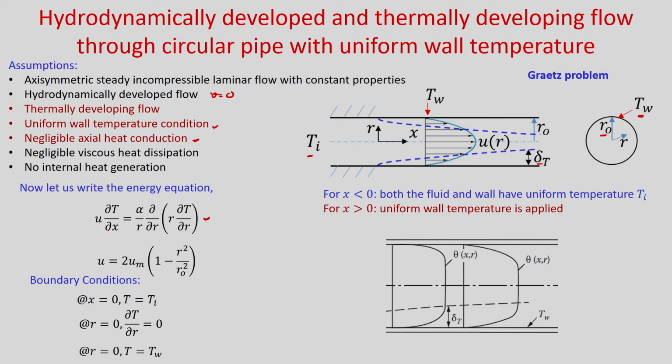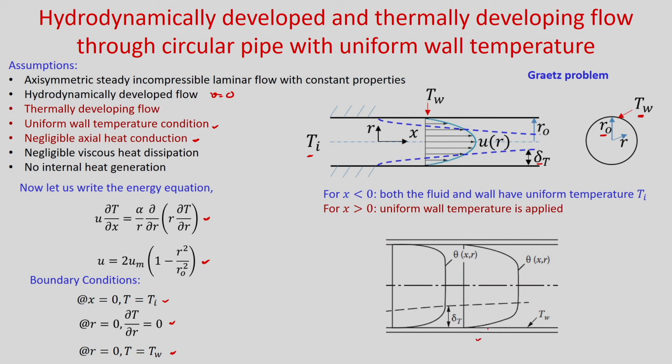So, the convection term V del T by del y becomes 0, and the fully developed velocity profile is parabolic. Boundary conditions: at x equal to 0, T is equal to Ti. At r is equal to 0, it is axisymmetric flow, so del T by del r will be 0, and at r is equal to r naught we have imposed uniform wall temperature, so T will be Tw.